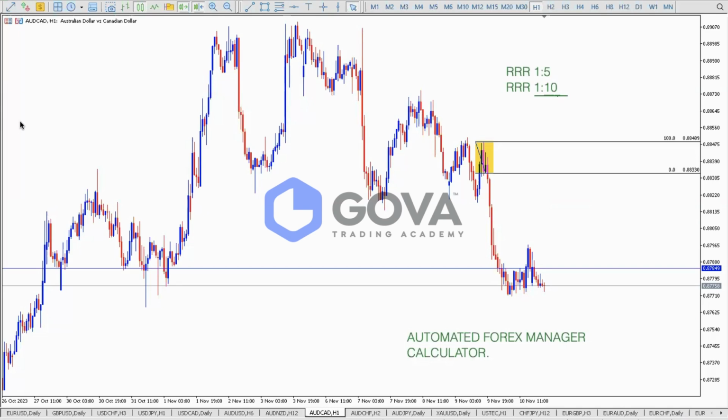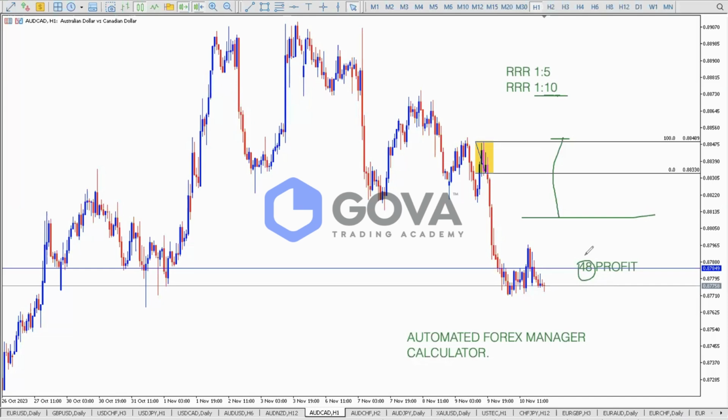So let's say, for example, market price goes into 48 pips profit. Then the forex calculator can help you set your stop loss by moving it at least half of what the 48 is.